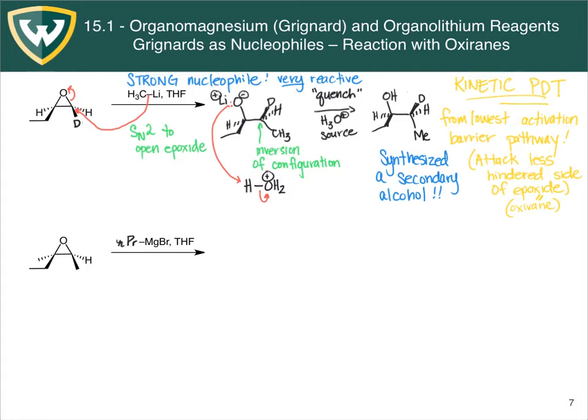Or I can make a secondary alcohol from the reduction of a carbonyl. So you want to kind of categorize your reactions in this way, and don't forget the ones that you already learned in Orgo 1. So now let's move forward and try the second example.